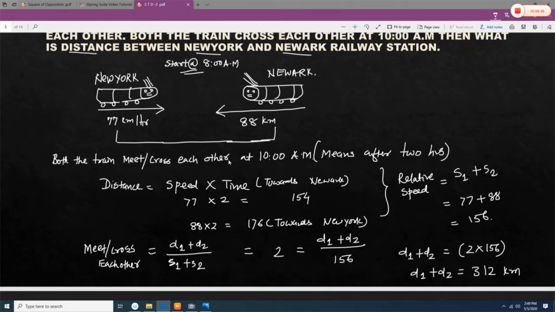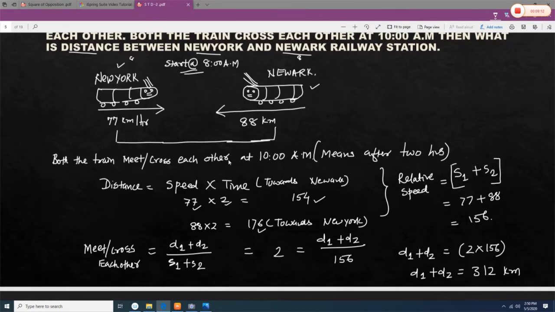That means it starts at 8. This also starts at 8. So when they meet, after 2 hours they meet. So the distance of this train is 77 into 2, which is 154, and this is 88 into 2, so it is 176. But what is the speed of the train?